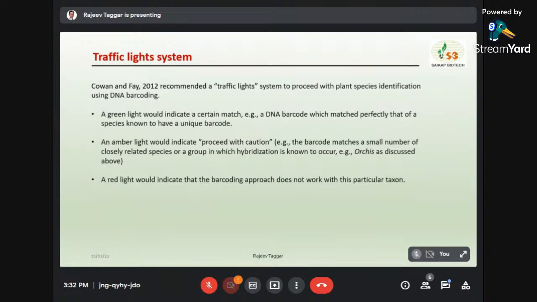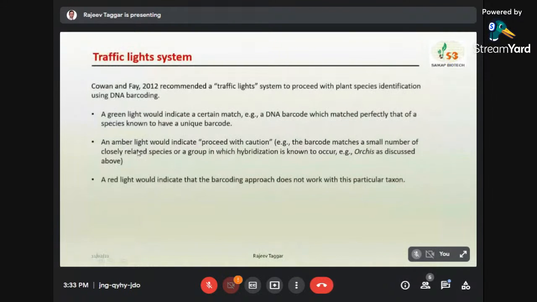There are certain reasons why this happens, but I guess I should not go into those issues, because for beginners, I don't see much of a point going into those areas, which could be a little bit of a put off. But broadly, we can define different species on the basis of a system called a traffic light system. For example, green, yellow, and red light.